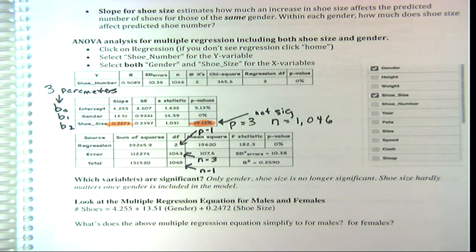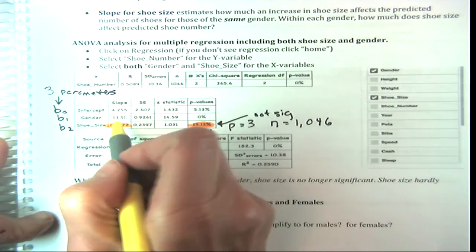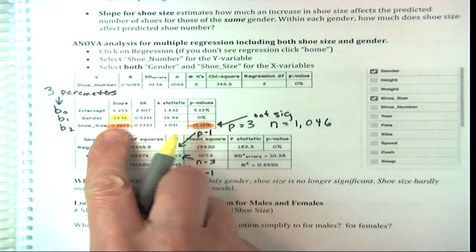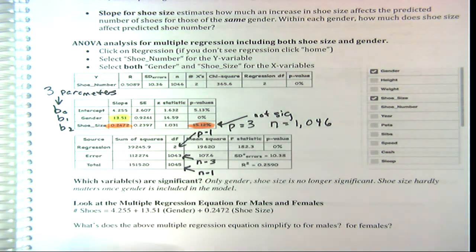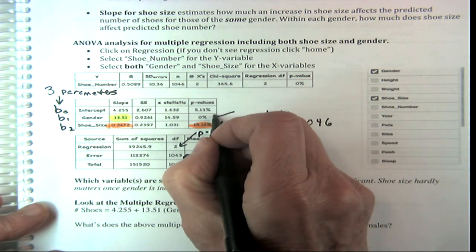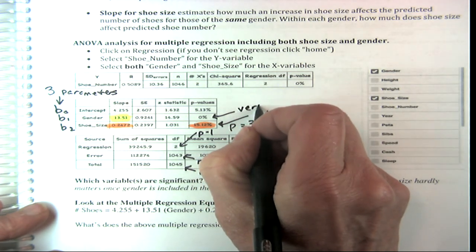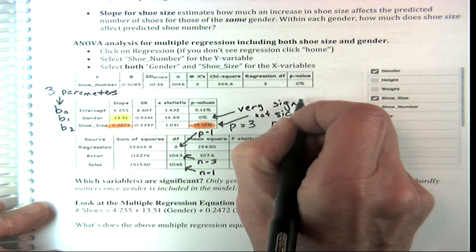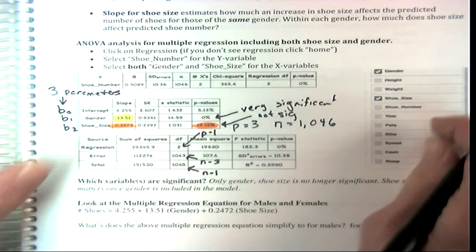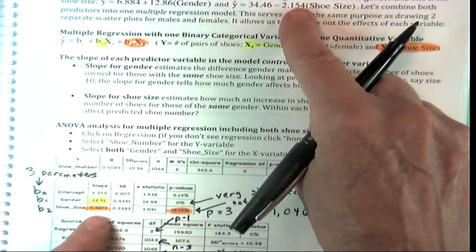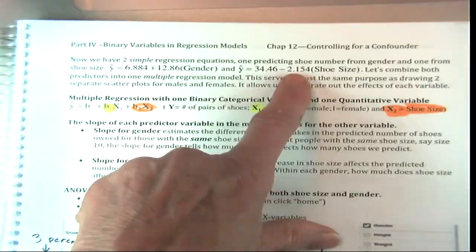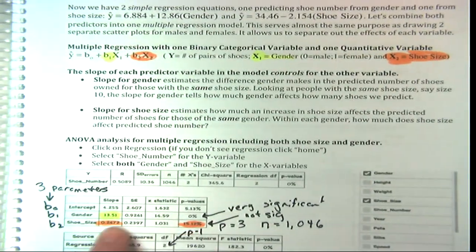What happened to gender? Gender is this one right here. That's really big. And that's very significant. And look, they're not the same as they were in the simple regression. This almost disappeared.